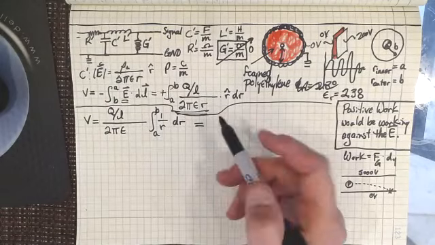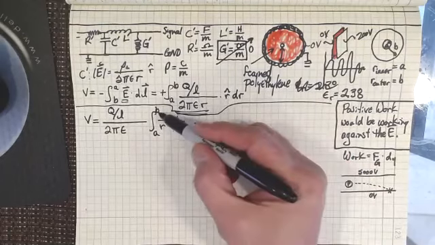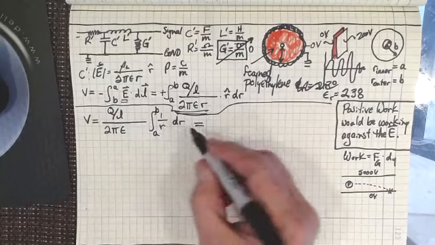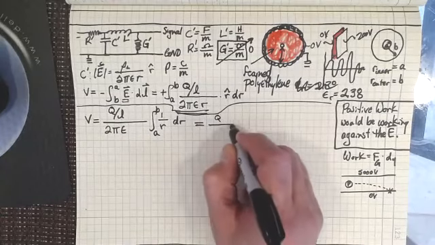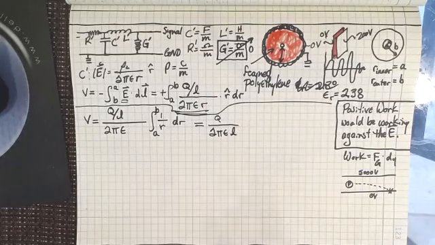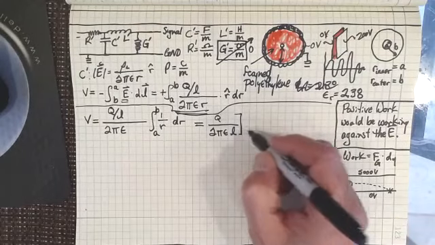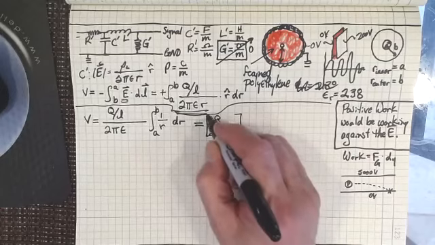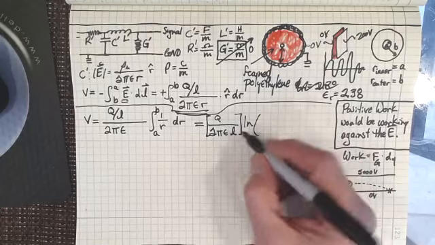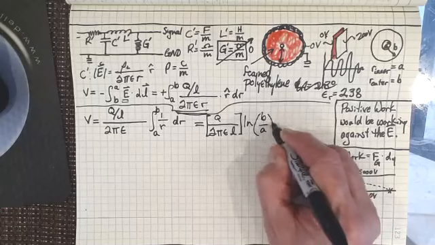I think everybody can see that 1 over r dr is just natural log of r, so it's natural log of B minus natural log of A. I'm going to simplify this too. That's Q divided by 2 pi epsilon. I'm going to take the L out of the numerator and put it into the denominator. Then I'm going to put brackets around it, and put the natural log, because it's multiplied, of B over A.